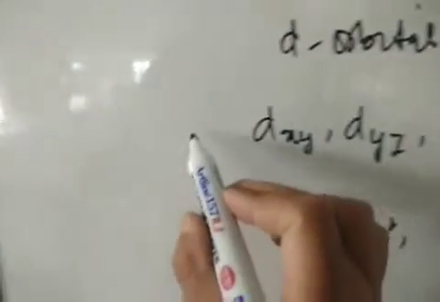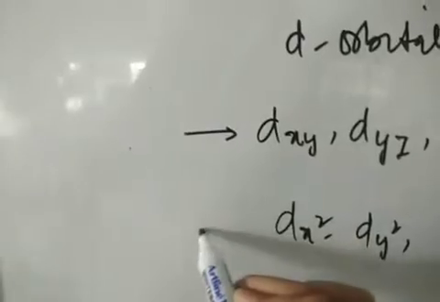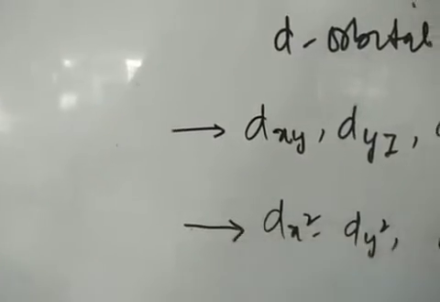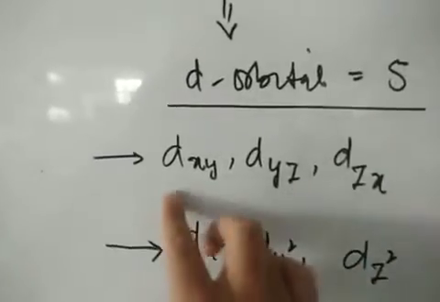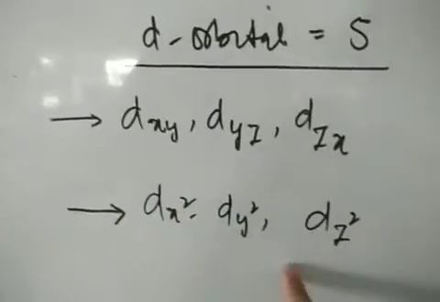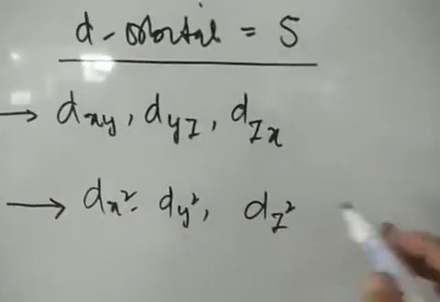So this is one set of orbitals, and this is another set of orbitals. The 5 d orbitals can be divided into 2 sets.